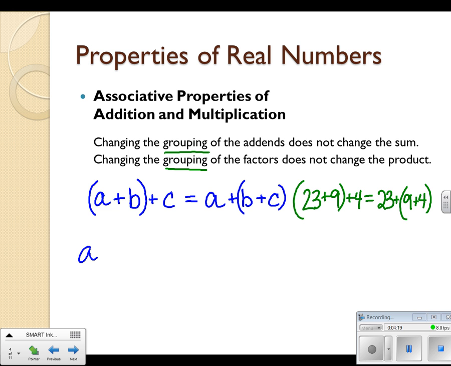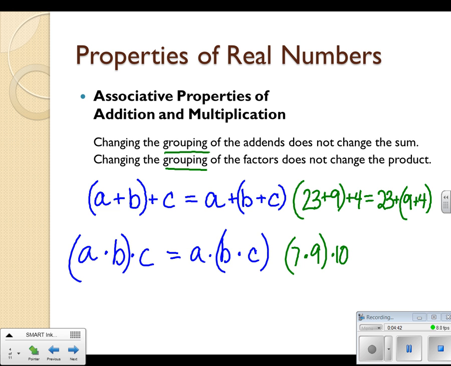If I did A times B times C, and I did A times B first, then multiplied that by C to get a product, I would get the same as if I did the B times C first, then multiplied it by A. So using numbers in this property, let's say 7 times 9 times 10, that would be the same as if I did 7 times 9 times 10 and grouped the 9 times 10 first.